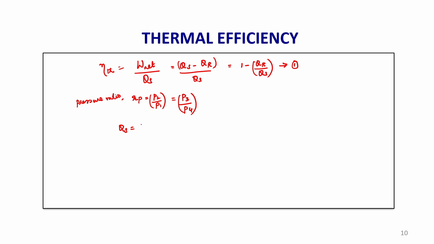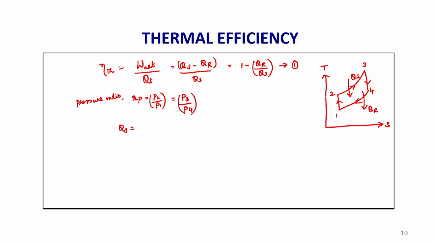Let me draw the TS diagram just for better understanding. So, this is the TS diagram: 1 to 2, 2 to 3, 3 to 4 and 4 to 1. During process 2 to 3 heat is supplied and during process 4 to 1 heat is rejected.